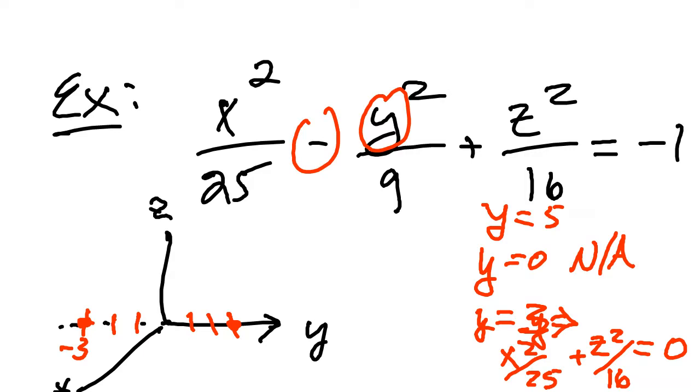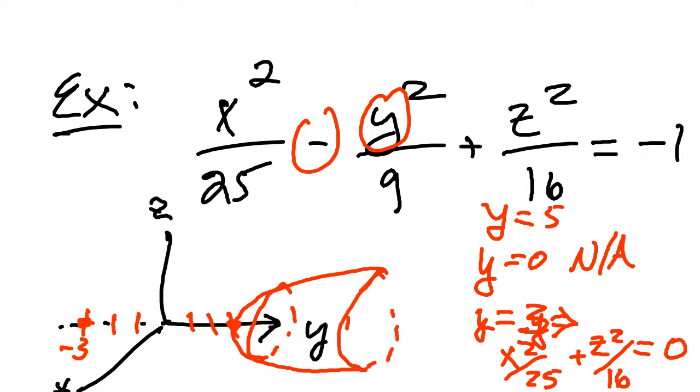So what happens on a cross section there, when y is a specific number, I'm going to get a circle out here that gets bigger and bigger and bigger. So the reality is I end up with a bigger and bigger circle. So this is how it goes. I should have dashed that back there.